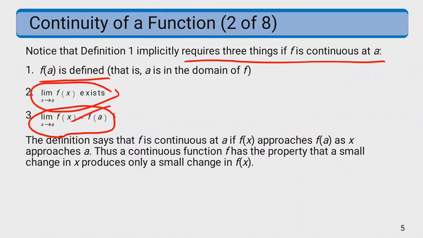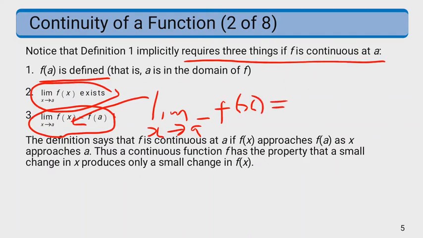And remember that we can break the limit into two portions where we have the limit as x approaches a from the left of f of x, where we say for the limit to exist, the left hand limit should be equal to the right hand limit. That means the limit as x approaches a from the right of f of x.